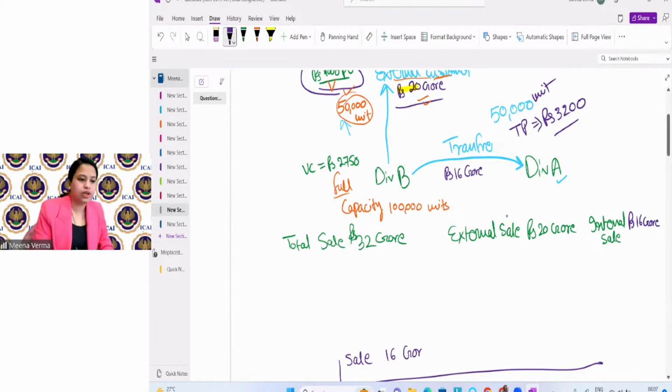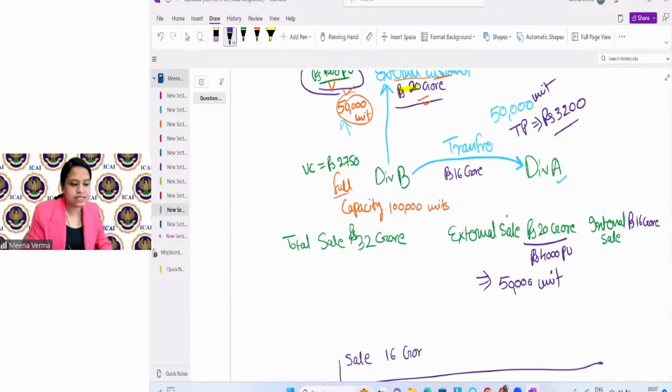Now the point is that externally you are selling the goods at rupees how much? 4,000 per unit. Externally, how many units are you selling? 50,000 units. If you divide it, you will get externally how many units you are selling.